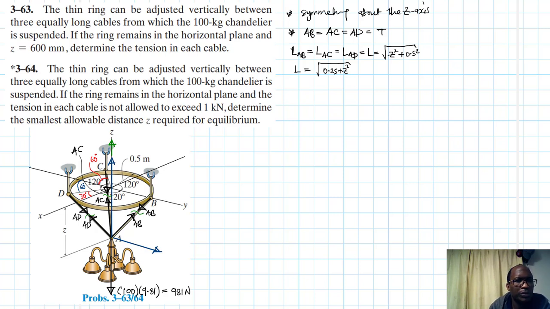We're good to go. So we said we are on AC. For AC, we expect a component in the negative along the y, and then we also expect a negative along the x, right?